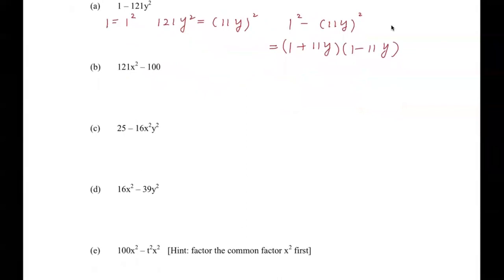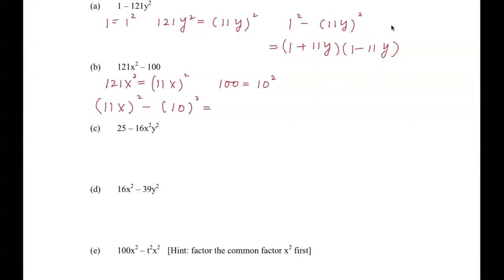We will just do exactly the same thing that we did for question A. 121x squared can be written as (11x) squared, right? 100 can be written as 10 squared, which means this whole expression can be written as (11x) squared minus 10 squared, right?